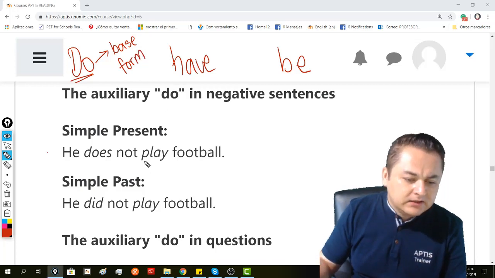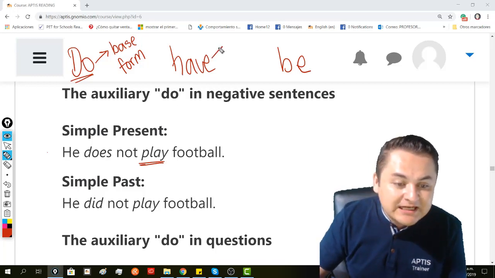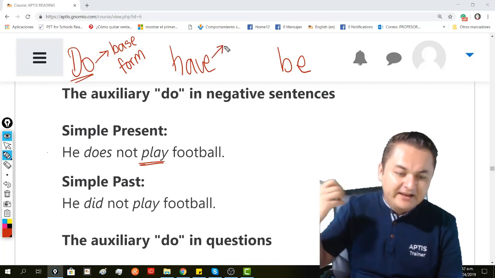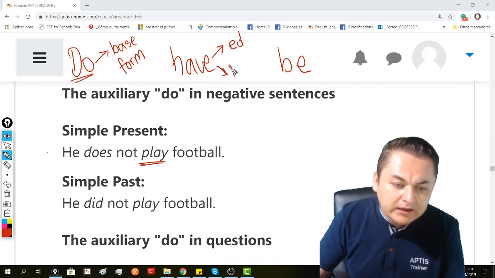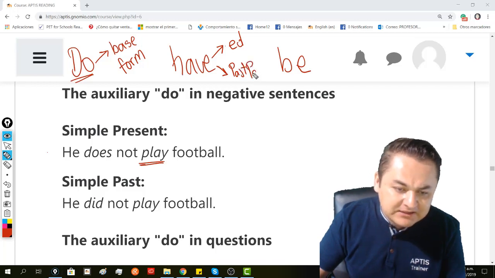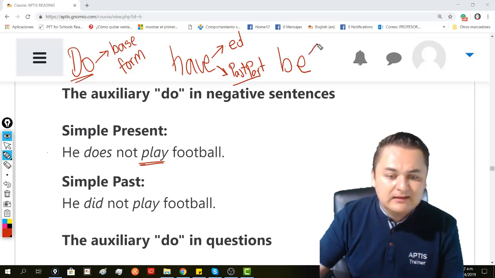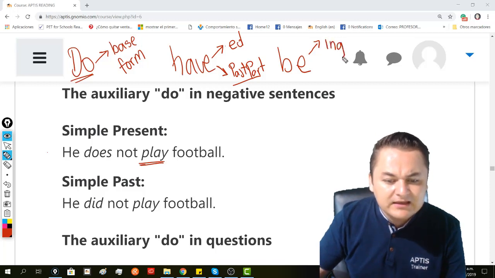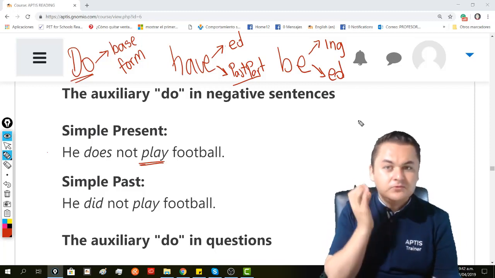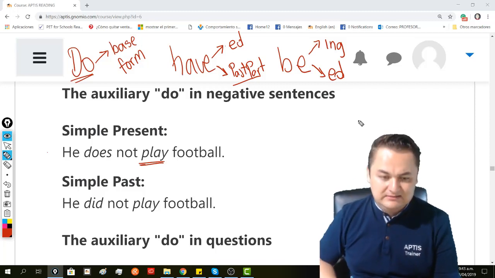For example, he does not play. But if you have the verb to have here, the next verb has to either end in ed or its past participle form. And if you have the verb to be, the next verb has to either end in ing or ed. Those are the tips for you to understand when you take your test.